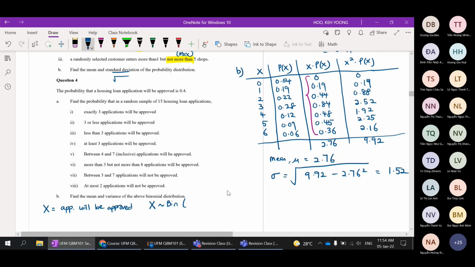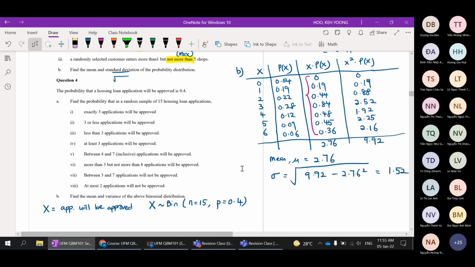Because for every application, it has only two outcomes, either approved or not approved. The sample size is 15. The probability of success, the chance for a randomly selected application to be approved, is 0.4.